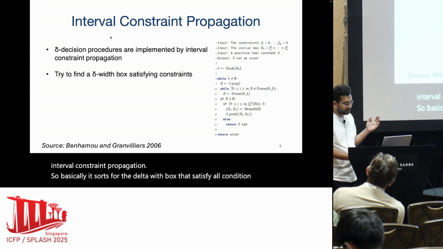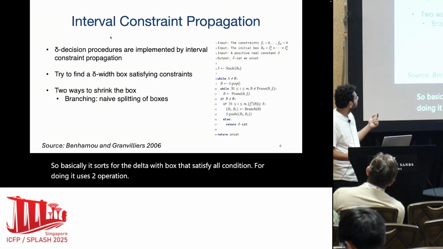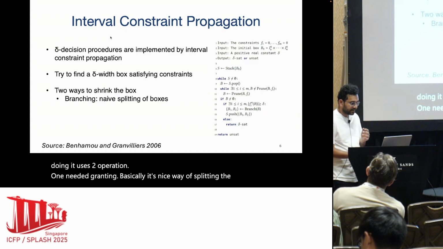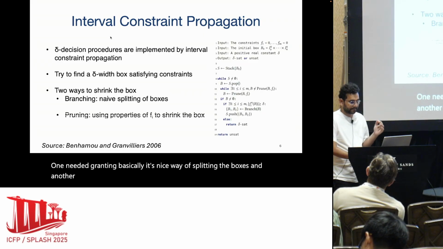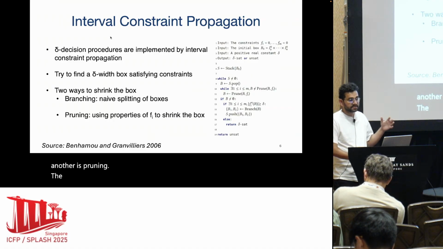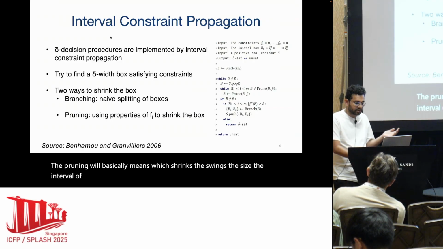For doing it, it uses two operations. One is branching, which is a naive way of splitting the boxes, and another is pruning. Pruning basically means we shrink the interval of the box using function properties.